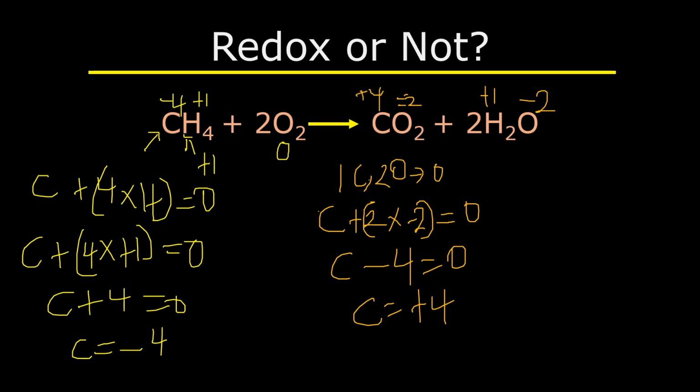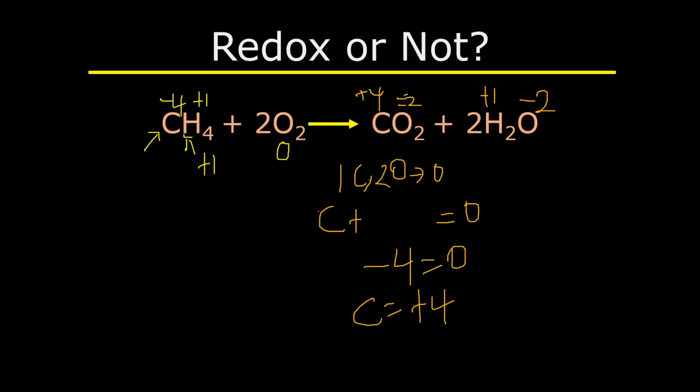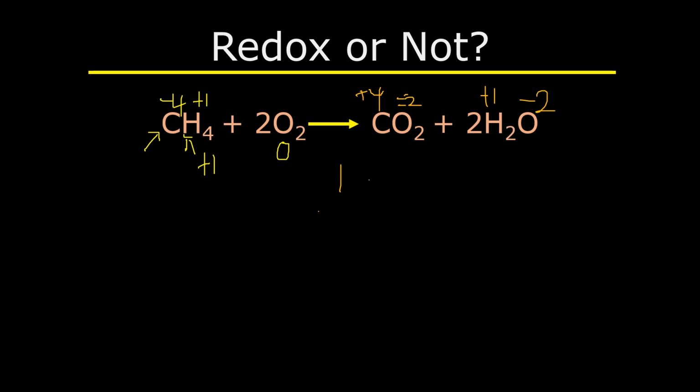I'm just going to clear up this little space over here so we can do a comparison. So from carbon to carbon, carbon on one side was minus 4 in methane, and then it went all the way to plus 4.